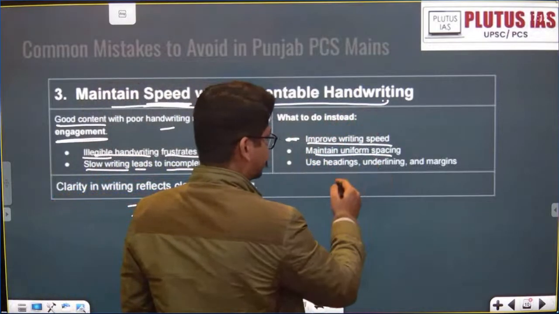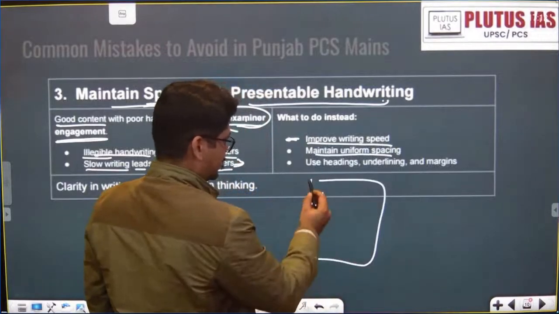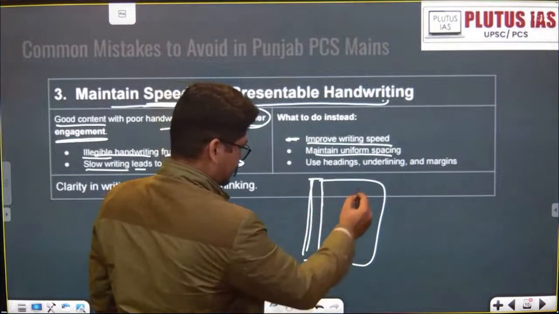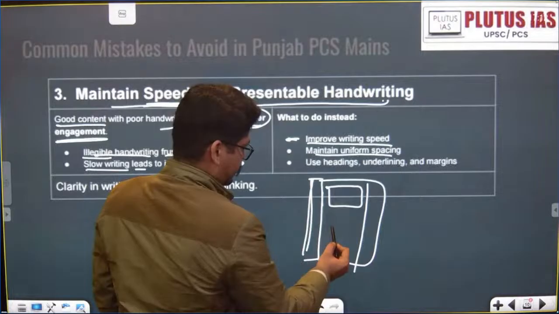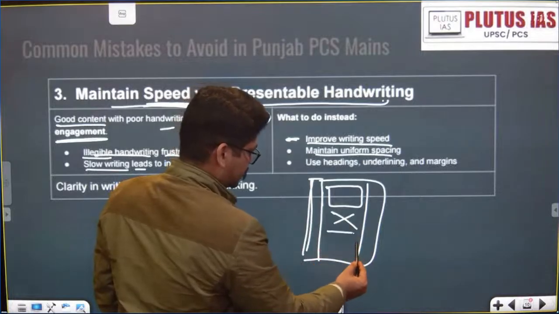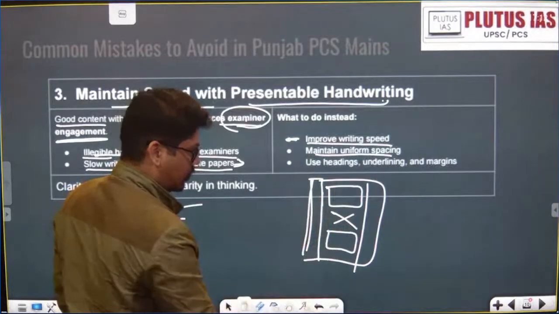Maintain uniform spacing. Yeah, the presentation, like if this is the answer sheet, do not do this, like one para here, then some idle space, then some para here. Maintain coherence, maintain a flow of writing.